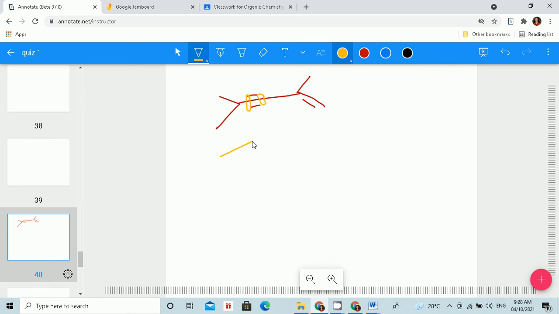1, 2, carbon 3. Okay, so 1, 2, 3, 4, 5. Ano na siya class? And then we have a triple bond in 1, 2, 3. In carbon 3. Okay, here. And then we have here. Then we have here.